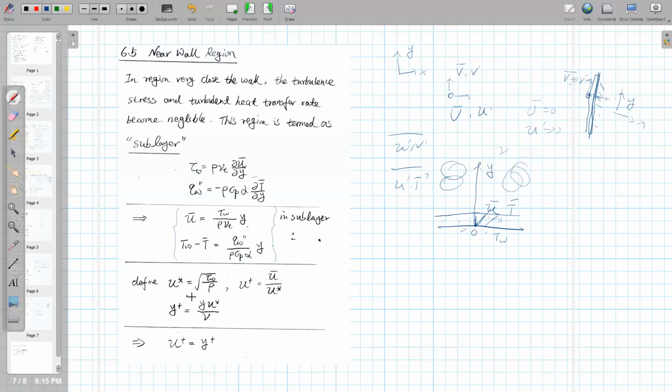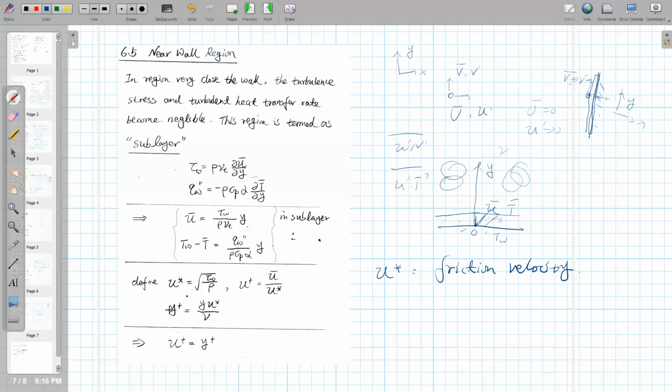Again we can introduce dimensionless parameters. First, we calculate u star, equal to the square root of tau w divided by rho, and this u star is called the friction velocity. After we get u star, we define a dimensionless velocity u plus, which is the velocity U divided by the friction velocity u star.